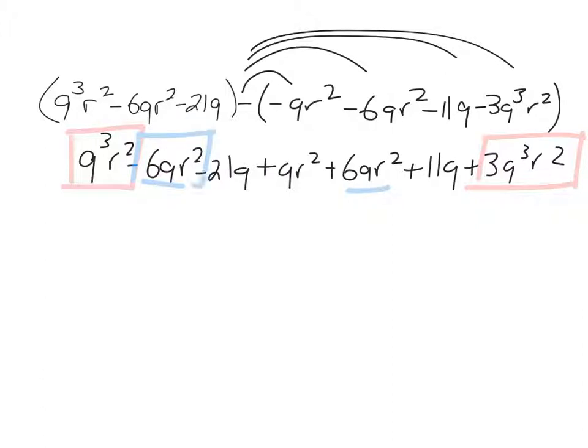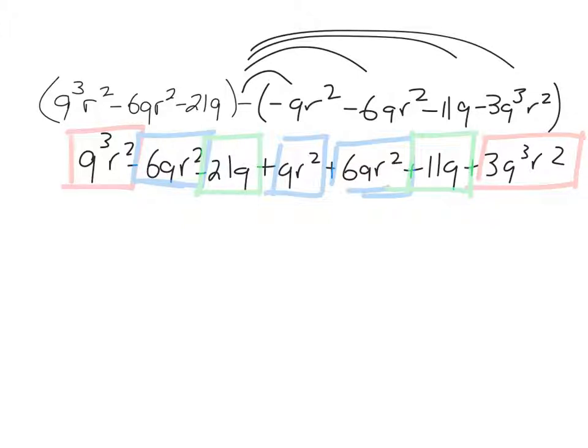However, we are going to put a rectangle around those in blue because they have qr squared, and we have one more qr squared right over here that we combine. And then last in green, we have this negative 21q and this positive 11q that will also be like terms. We're going to go ahead and start combining them.